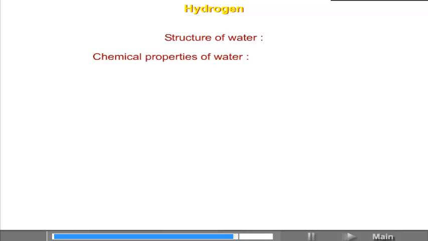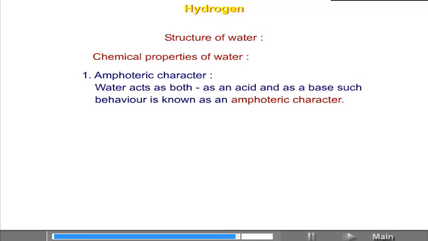Chemical properties of water. First one, amphoteric character. Water acts as both an acid and a base. Such behavior is known as amphoteric character. Second one, redox reaction involving water.